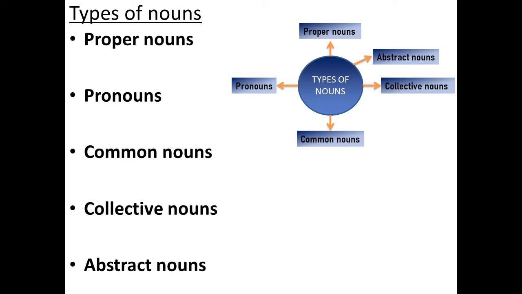The fifth one on our list, as shown on the diagram, is the abstract noun. Those are the five types of nouns that we cover in today's lesson. It's proper nouns, pronouns as second, common nouns, collective nouns, and abstract noun as the fifth type of nouns.